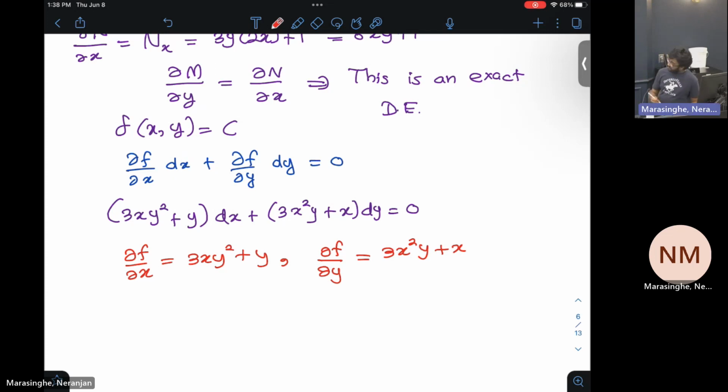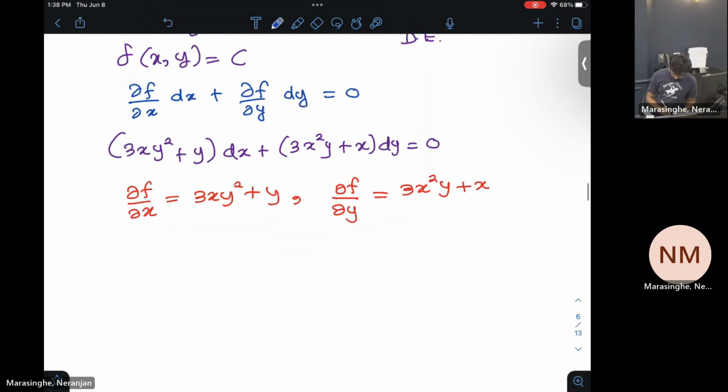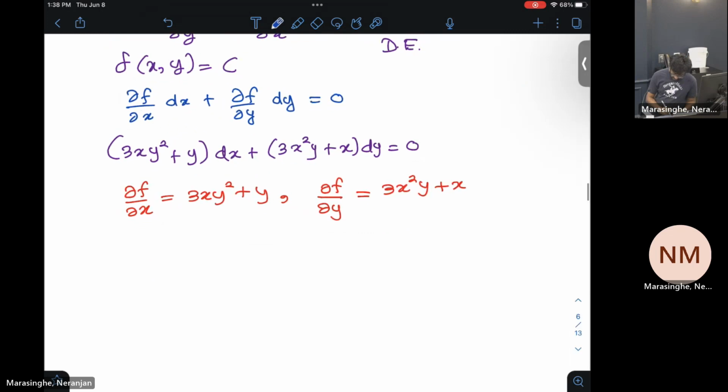So I would start from the partial derivative of f with respect to x. We have partial f over partial x is equal to 3xy square plus y.